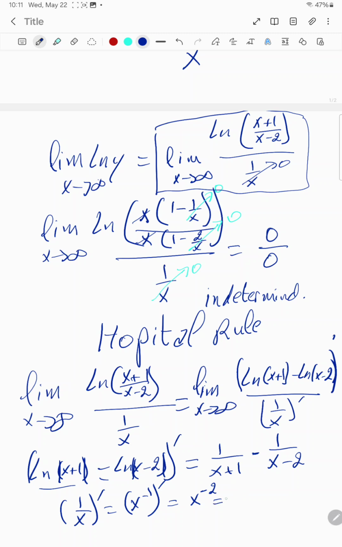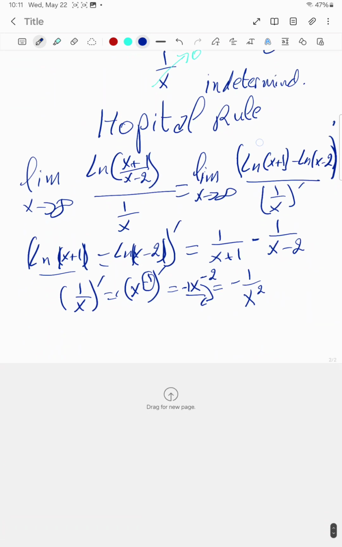minus 1 multiplied by x to the power of minus 2. So the minus 1 comes here, and it becomes minus 1 over x squared, because I brought the exponent down, so I have to change the sign of my exponent.